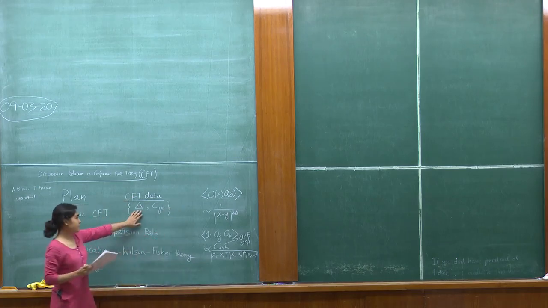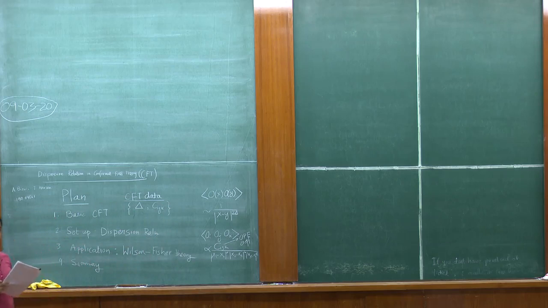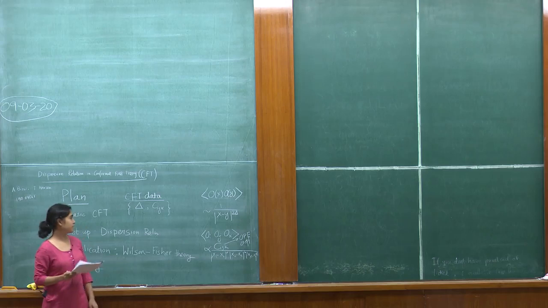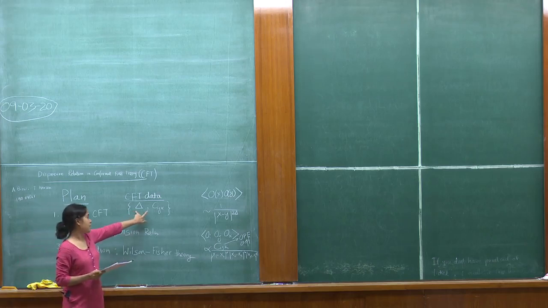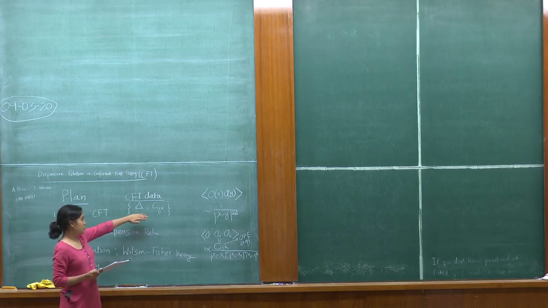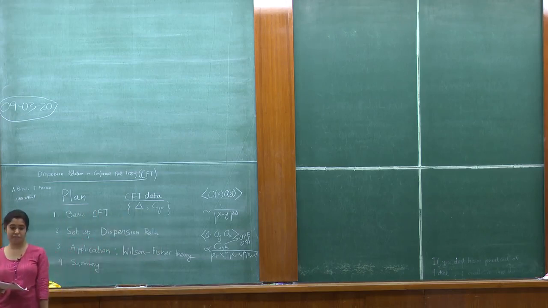And these operator dimensions are in turn related to the critical exponents of a theory at critical point. So, basically the problem of determining the critical exponents reduces to the problem of determining the scaling dimensions. And so, if we know this scaling dimension and OPE coefficient, we know everything about a CFT.